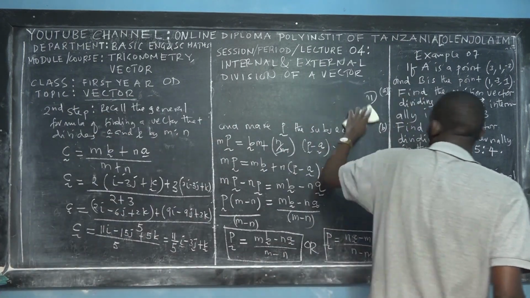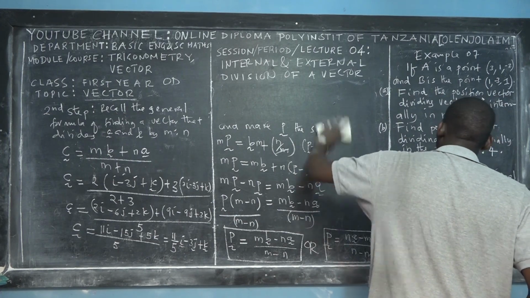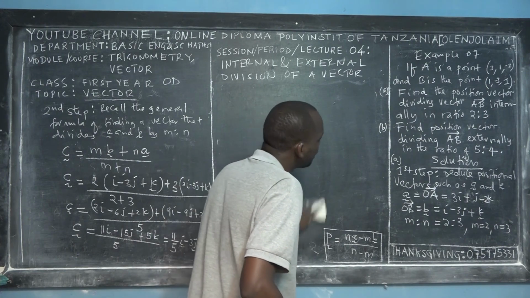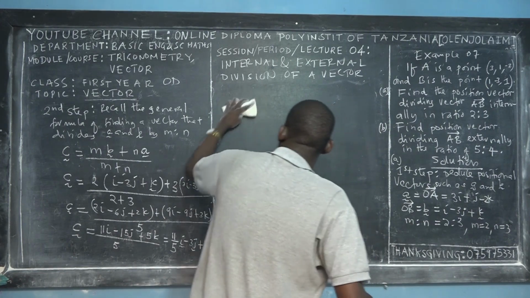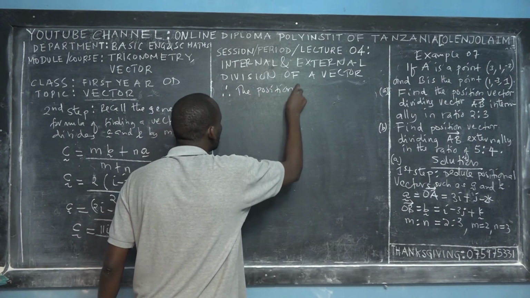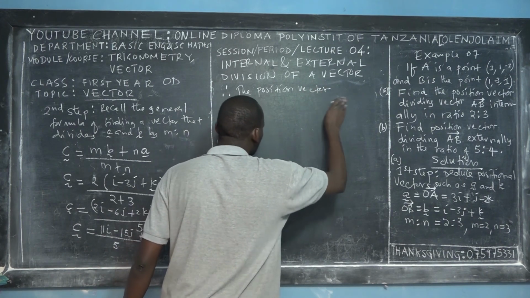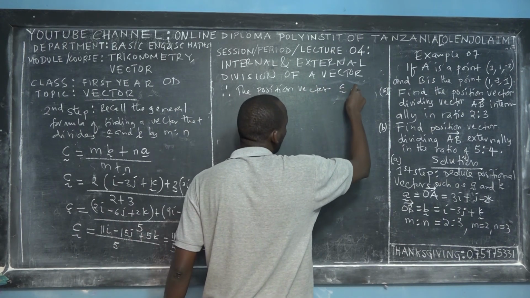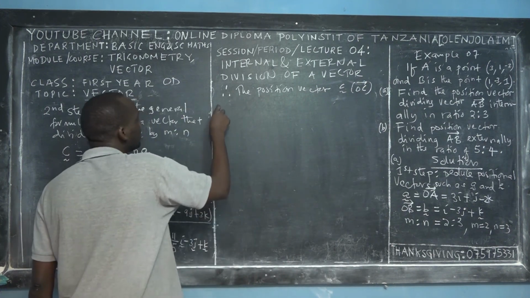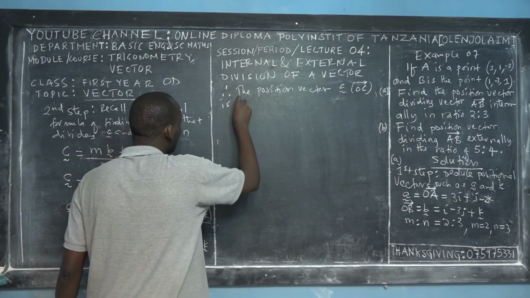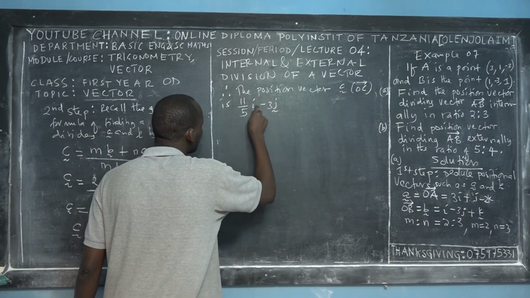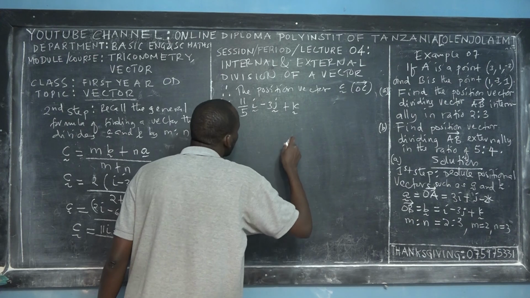And also you can write it in the form of a point. It's a positional vector. Find the positional vector that divides the line externally. So therefore, we say in conclusion, the positional vector C, or OC if you want to write it in this form, is what? 11i minus 3j plus k, right?